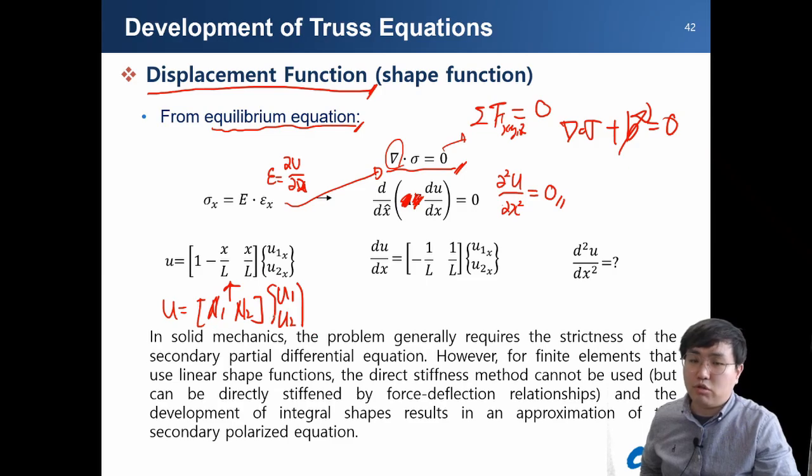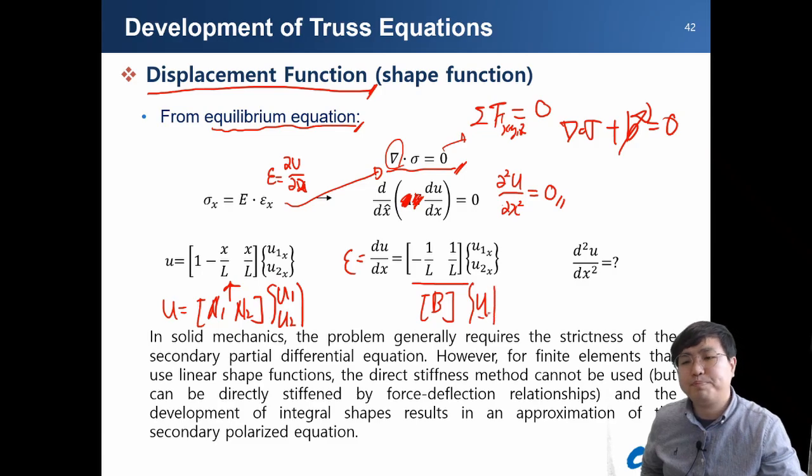Here it looks like this. n1 and n2 are first order polynomial functions of x, and we also define the strain as the first derivative with respect to x, so that we obtain the B matrices.